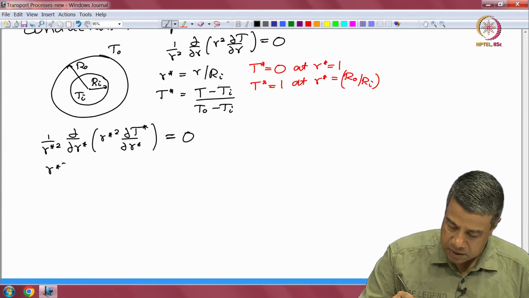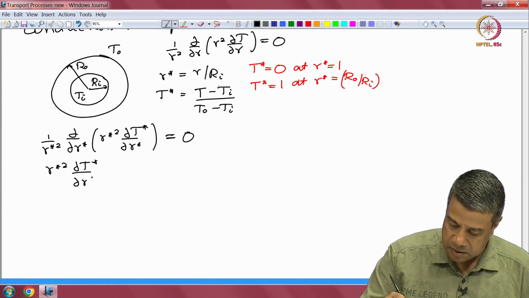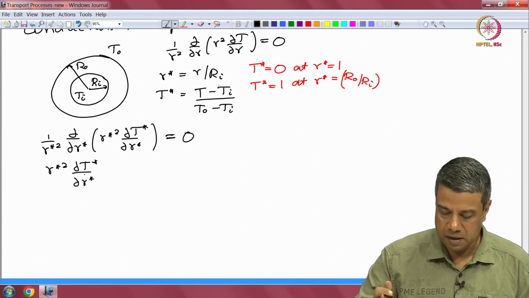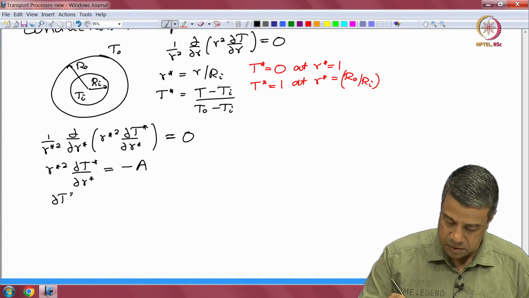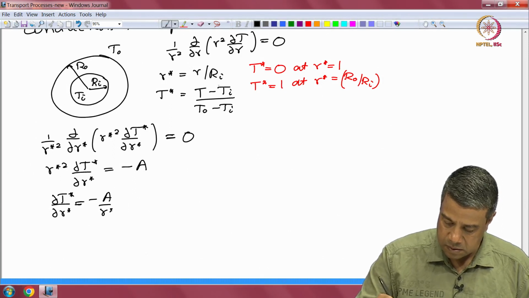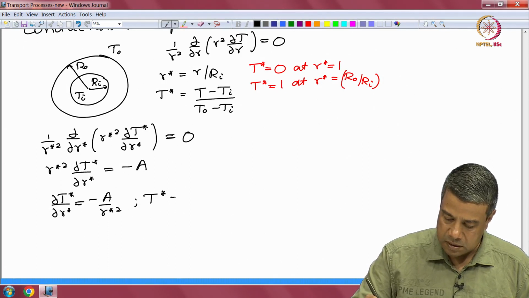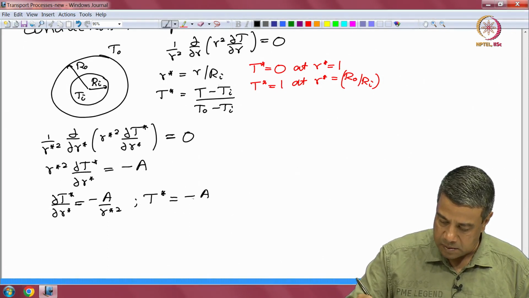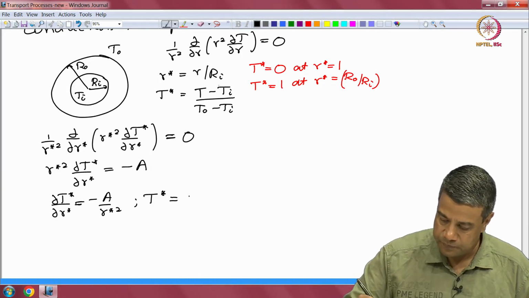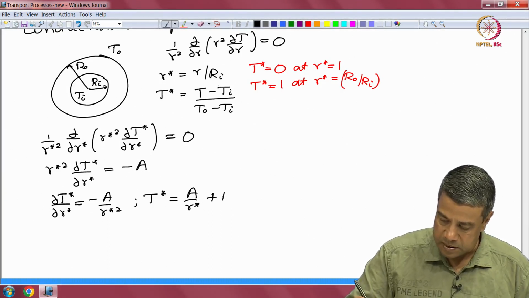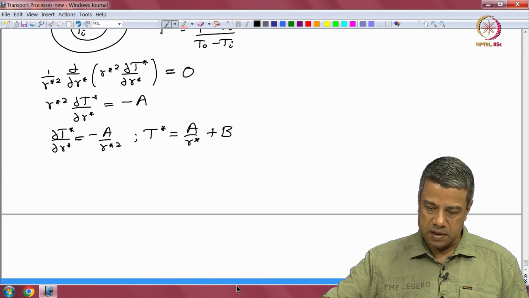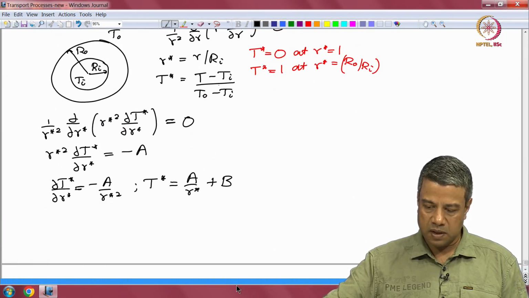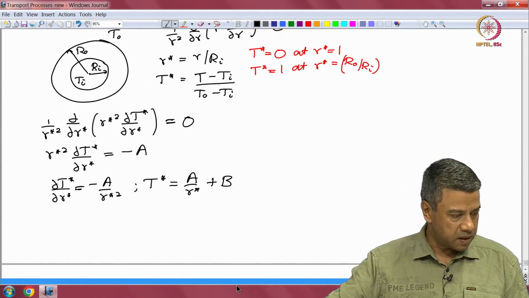I will get r star square partial T star by partial r star, integrating once, multiplying by r square and integrating one time, this will be a constant, I will call it minus A. And T star is equal to plus A by r star plus B. And now I have to determine what are the constants A and B from the condition T star is equal to 0 at 1 and it is 1 at r O by r I.